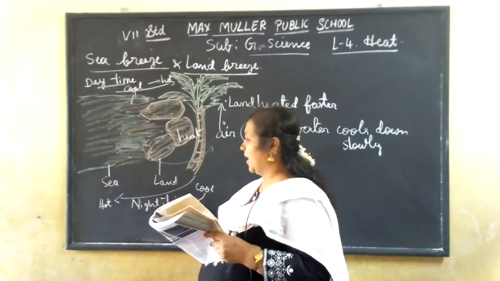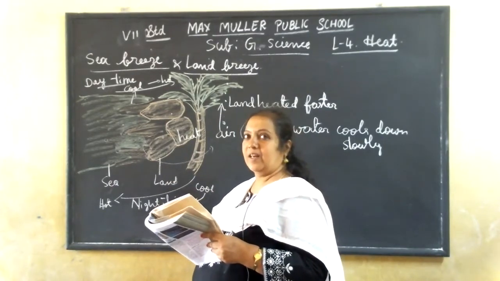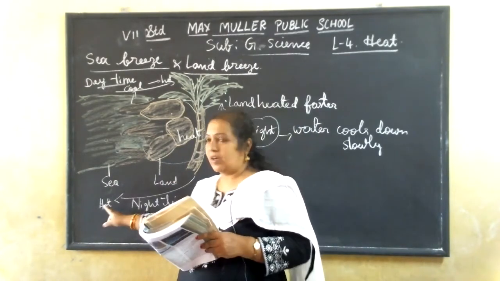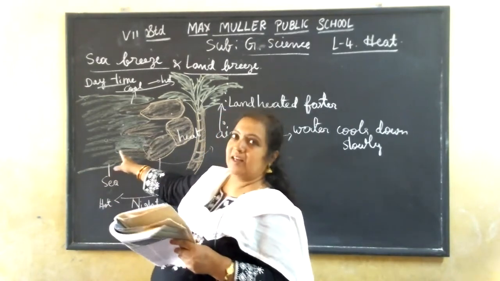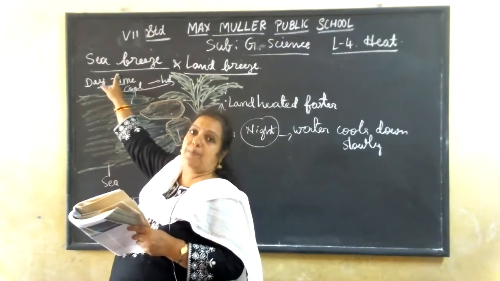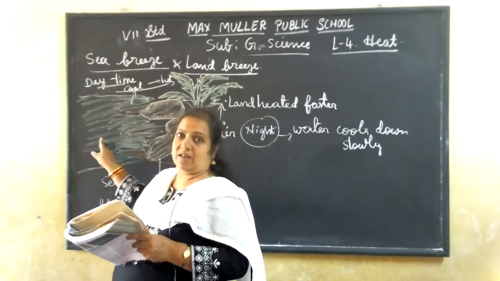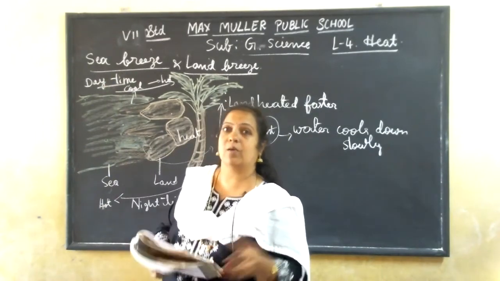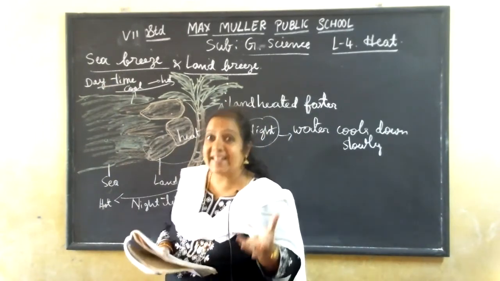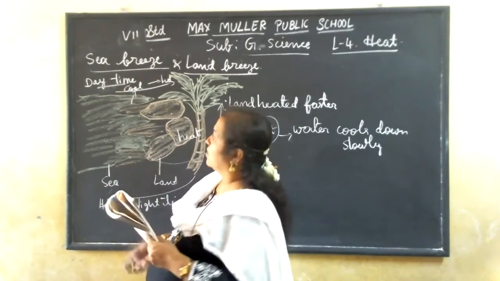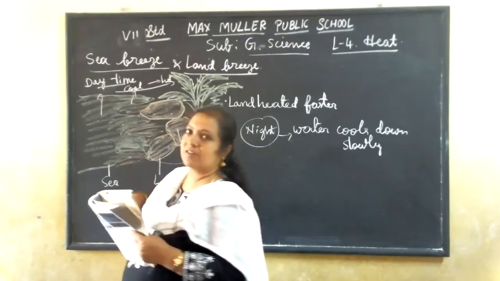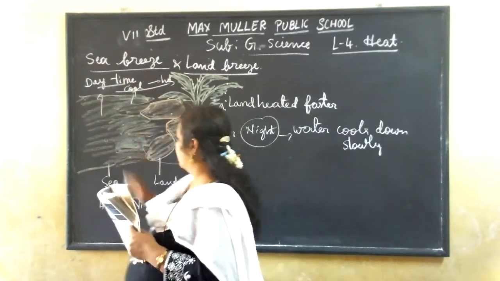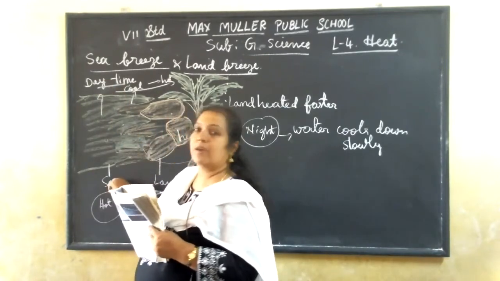Now, this cool air will come towards the hotter air. See, this hotter air has started to move up in the sky because it is hot. Always, hotter air molecules will be lighter in weight. Those started to move upwards. So as they are moving upwards, this area will be vacant.